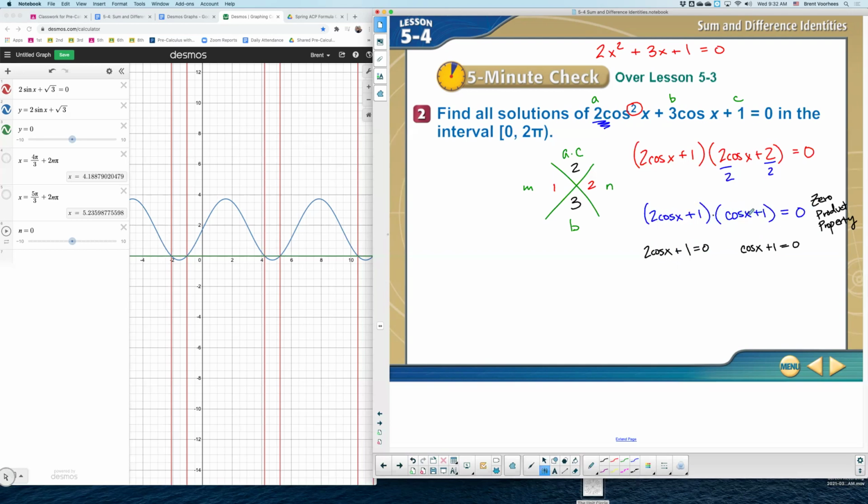Or if the second factor is 0, then multiplying would also give a product of 0. I have to solve each one to get all possible solutions, like the instructions said. So we subtract 1 here. Now I've turned this into algebra 1. How would I summarize algebra 1? Maybe solving equations without a power.